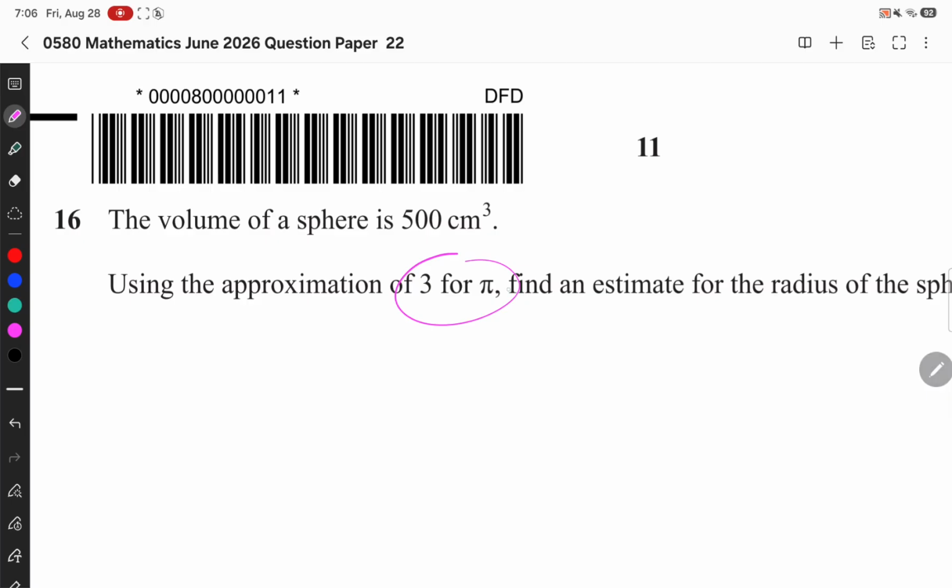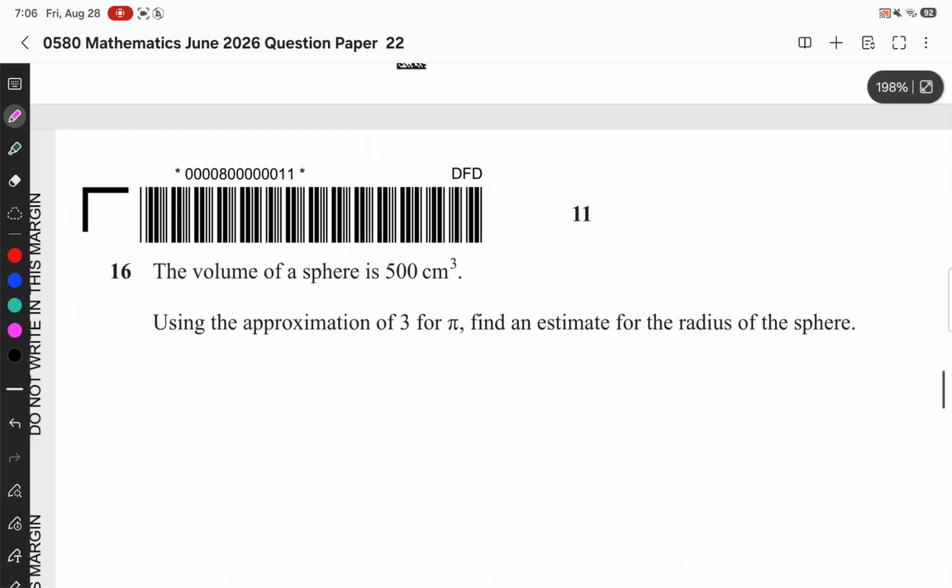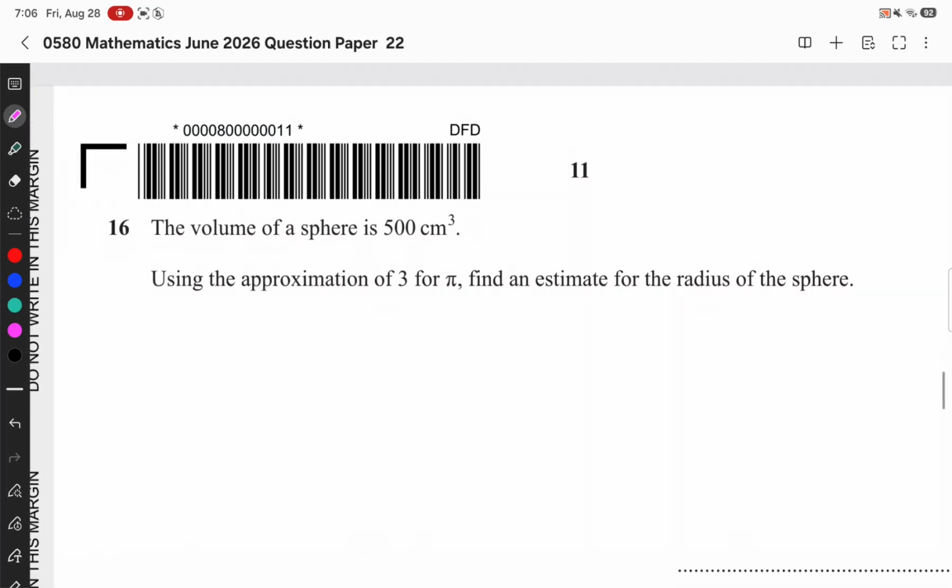What? 3 pi? 3 for pi? Pi is not C. Since when is this an engineering paper? An estimate for the radius.